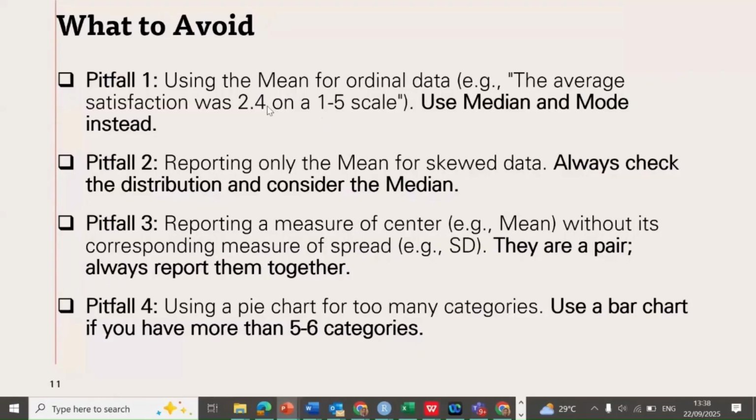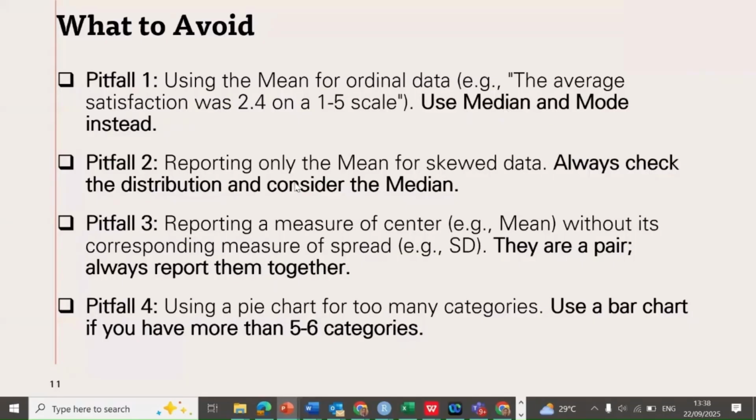For example, on a Likert scale of 1 to 5, you shouldn't look for the mean and say the mean is 2.4, because that's a categorical variable, right? You use a median or mode instead.